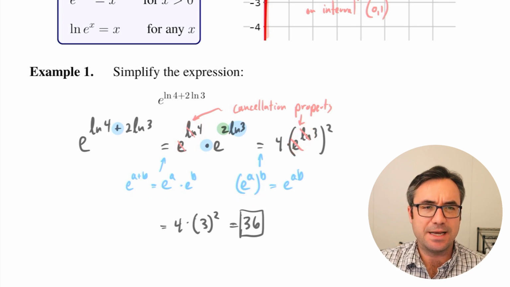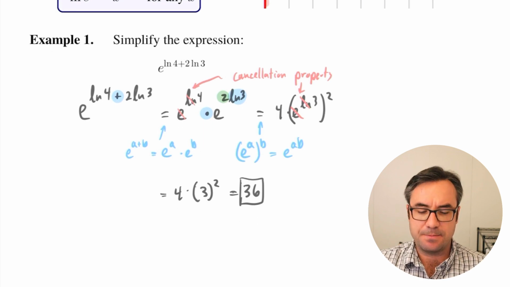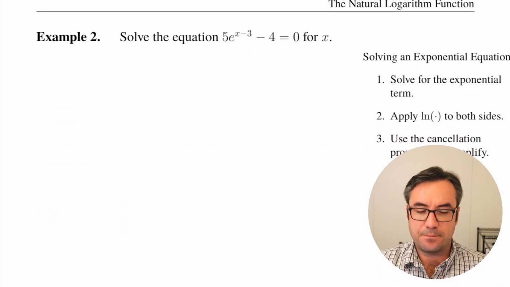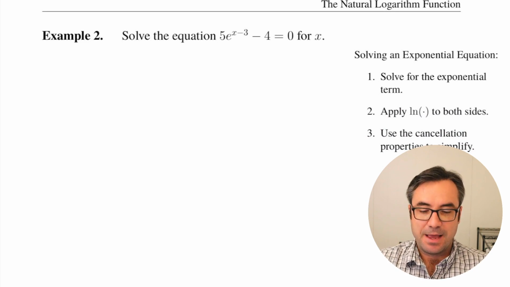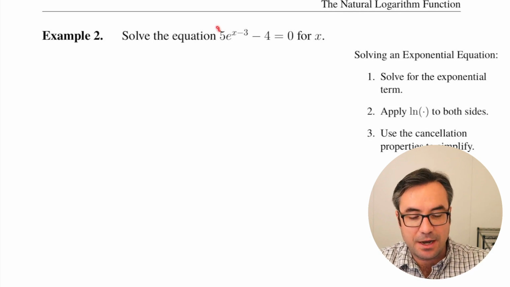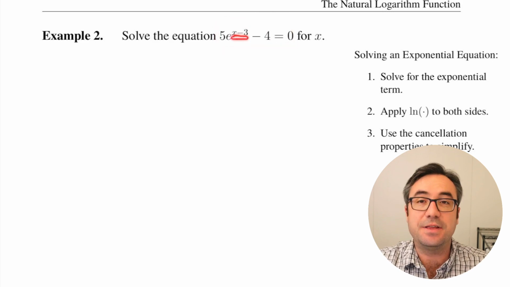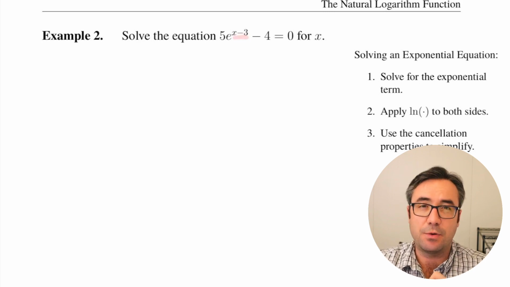All right, so having this natural log function is really going to improve our ability to solve equations involving exponential functions. And so in example 2, we're going to see the main strategy for how to solve an exponential equation. And I call it an exponential equation because inside this equation, there's an exponential term and the exponent, where the variable is that we're trying to solve for, is up in the exponent.